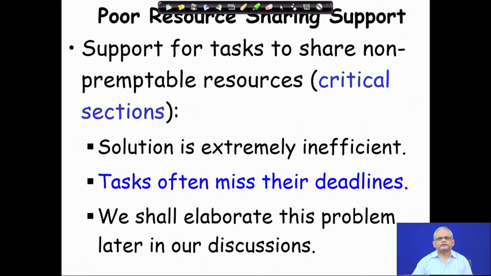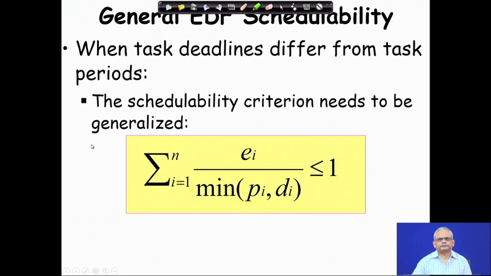We will see that for rate monotonic based schedulers, very good algorithms are available for resource sharing, but for EDF resource sharing is a big problem. We do not have a satisfactory solution to that, and possibly that is one of the main reasons why EDF is not used in practical real applications.